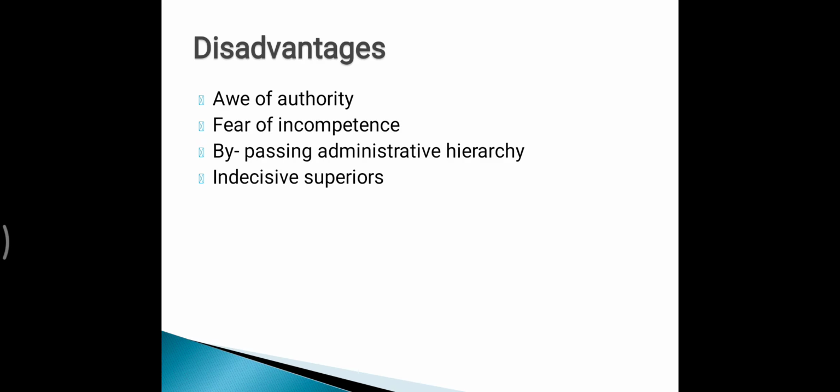So we do have this bypassing of administrative hierarchy. So it has always been a part of this. Sometimes it may happen that if the superiors do not take any decision in the light of juniors' communication, the employees lose confidence in the superiors.